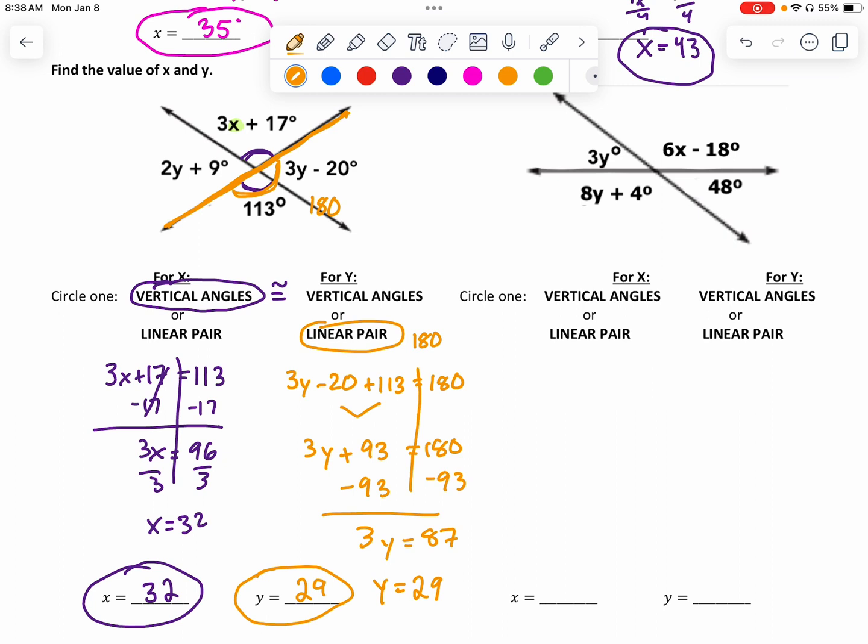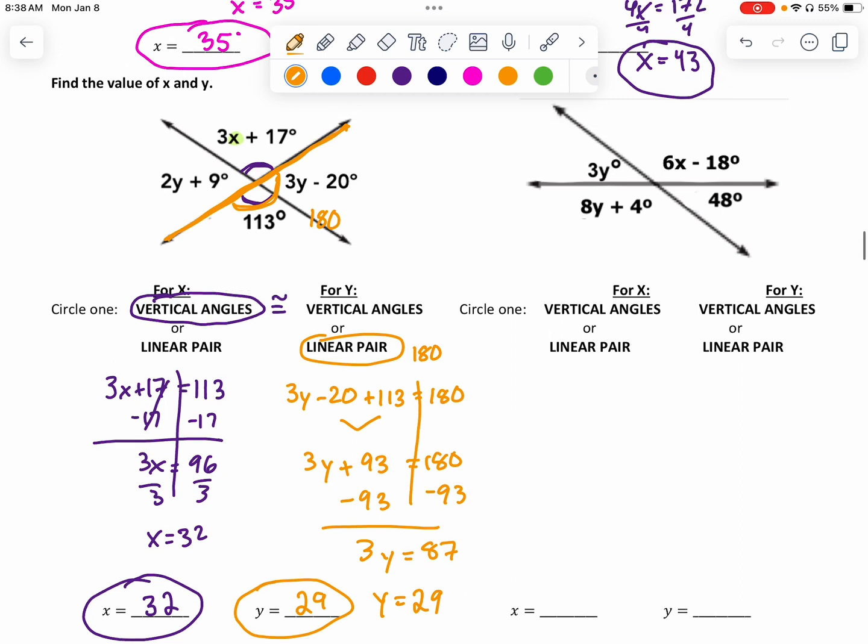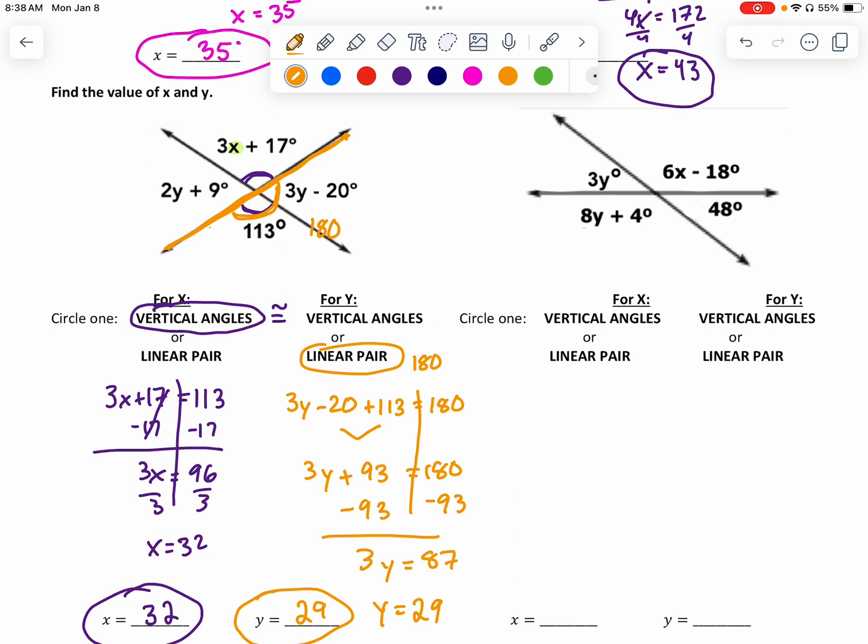The final one we're going to look at, we've got solve for x and y again. So x is vertically angled with a y, and I don't want to do that. So I know that these make a straight line. So I'm going to pair the 48 with the x. So I'm going to do linear pair. So that equals 180.